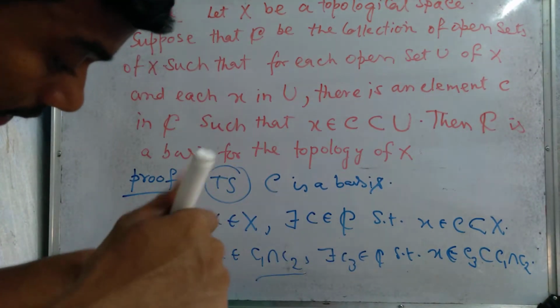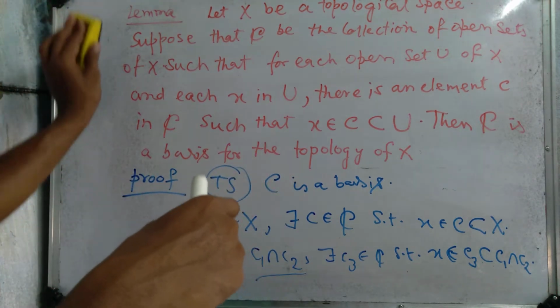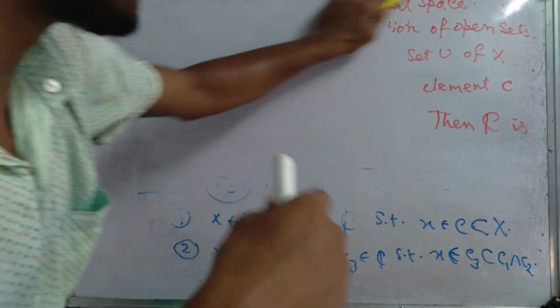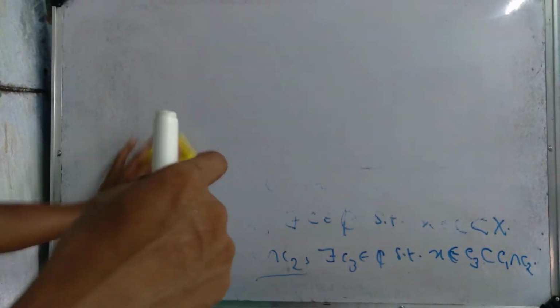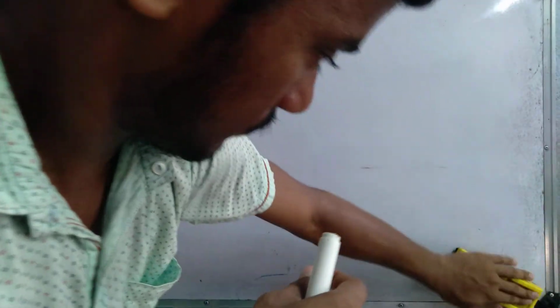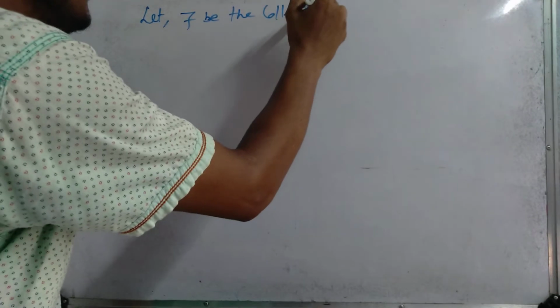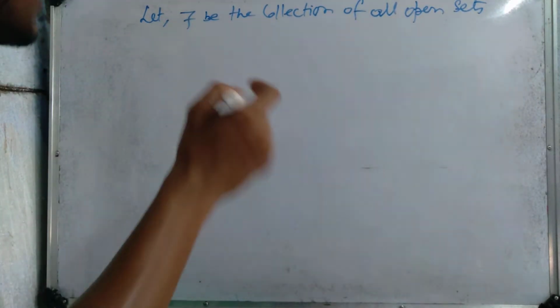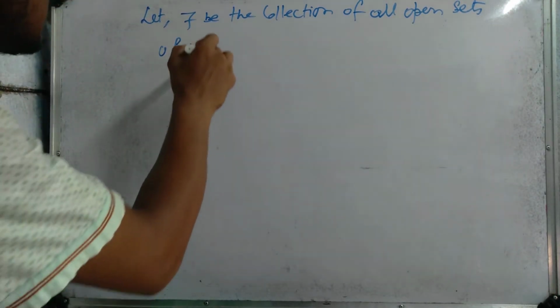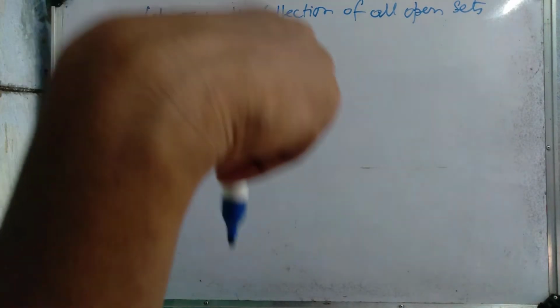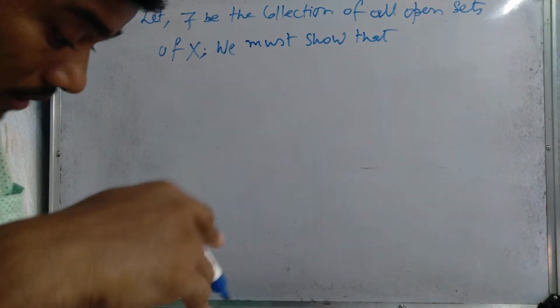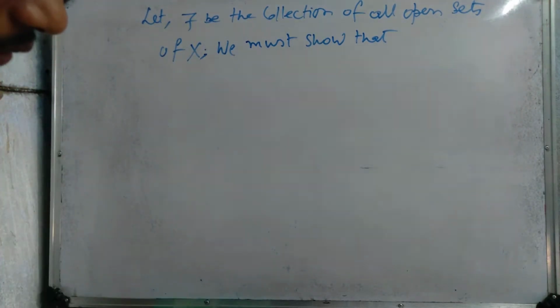Then we construct the topology. Let tau be the collection of all open sets of X. We must show that the topology tau dash generated by C equals the topology tau.